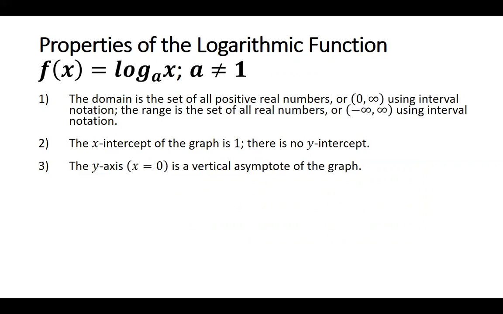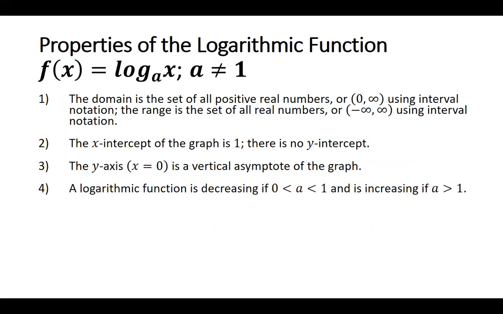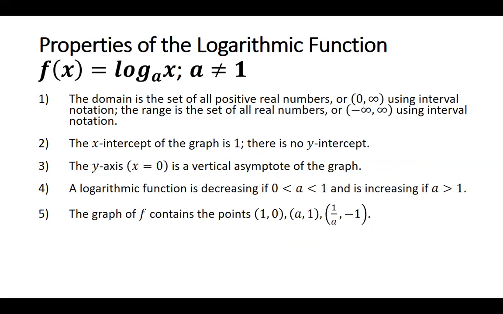The y-axis, x equal to 0, is a vertical asymptote of the graph. A logarithmic function is decreasing if a is between 0 and 1, and is increasing if a is greater than 1. The graph of f contains the points (1, 0), (a, 1), and (1/a, -1).